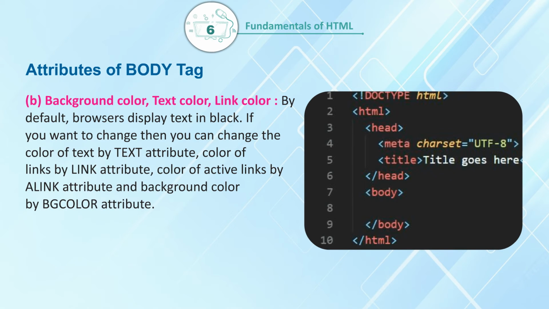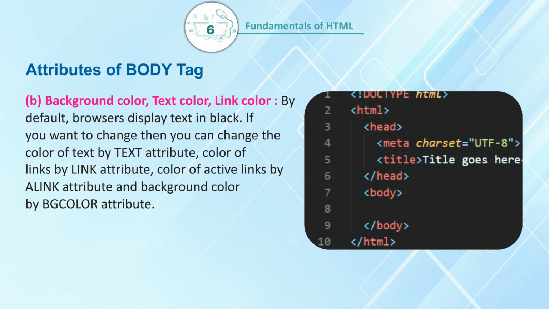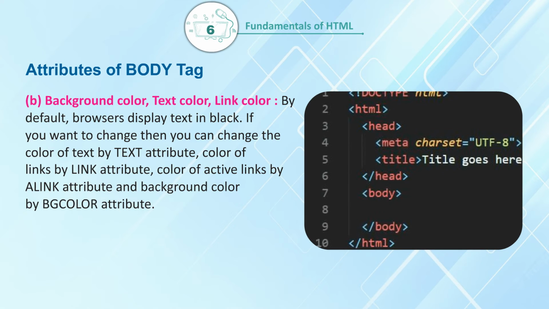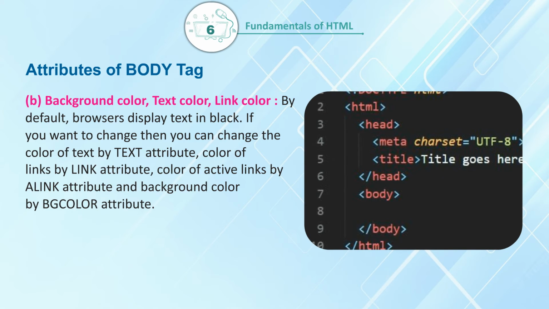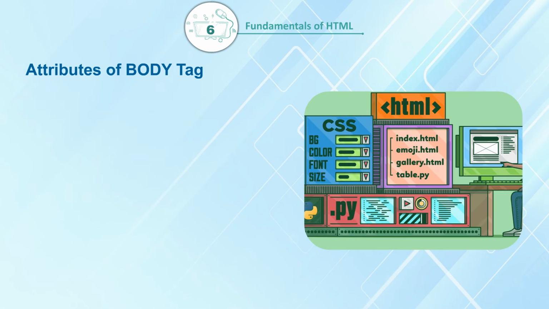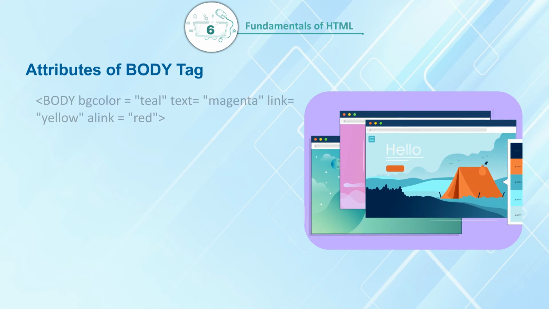Background color, text color, link color. By default, browsers display text in black. If you want to change, then you can change the color of text by the text attribute, color of links by the link attribute, color of active links by the alink attribute, and background color by the bgcolor attribute. Consider the following.